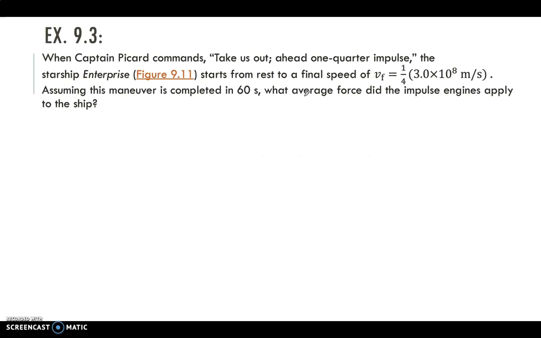Example 9.3 states: when the captain commands, "Take us out ahead, 1/4 impulse," the Enterprise starts from rest to a final speed of 1.3 times 10 to the 8th meters per second, which is approximately c, the speed of light.